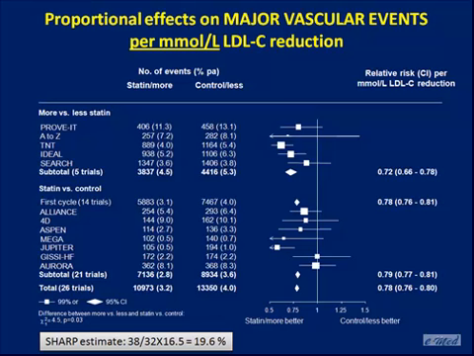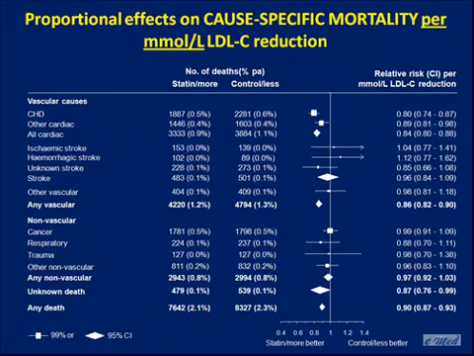On the bottom left panel of this slide, I tried to extrapolate the SHARP results, and in the SHARP, there was a reduction of 32 milligrams of LDL. We can estimate that if the reduction was 1 millimole, we could expect almost a 20% reduction of major vascular events, which is very similar.